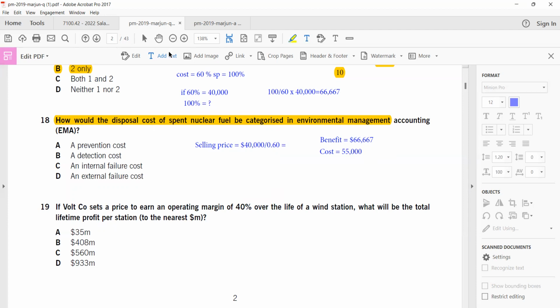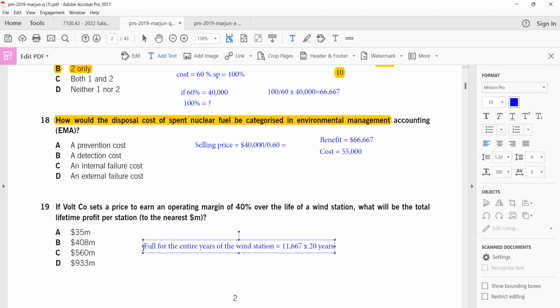So what answer did you get? Let us see that, so that you can use it to estimate it. So the full benefits for the entire life or the entire years of the wind station is going to be what? I think you get something like 11,667 times 20 years.